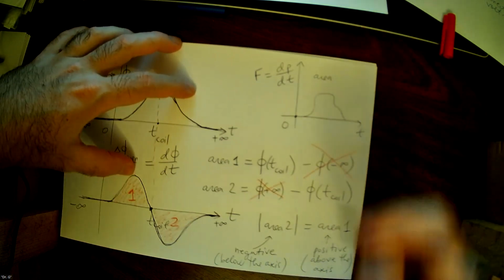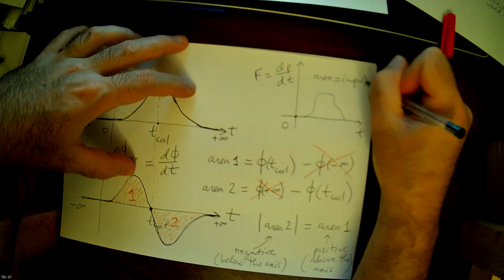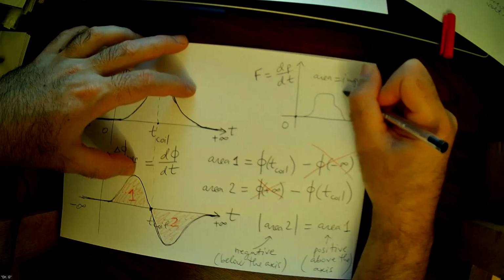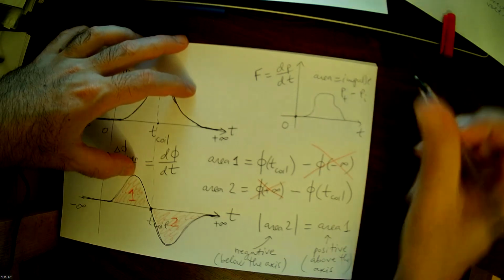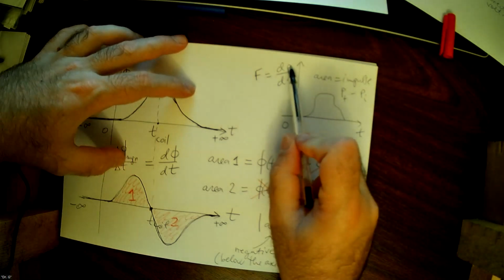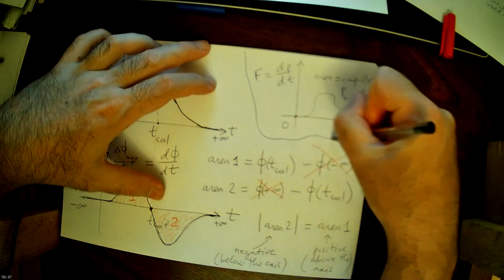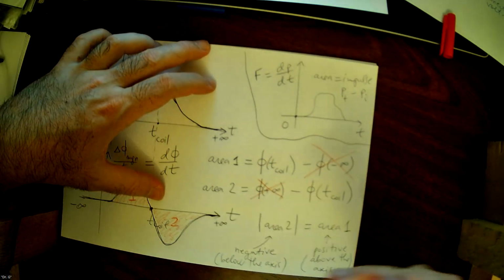The area is the impulse, which is the final momentum minus the initial momentum, yeah? The change in whatever quantity I derivate here.